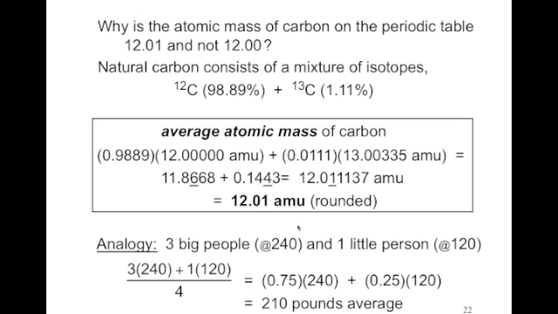Well, how would you do the calculation? 75% are big people, or 3/4 times 240, and we add that to 25%, or 1/4 times 120. It's analogous to what we've done up here. We add everything up and we get 210 pounds on average. So this again is another example of a mass-weighted average.